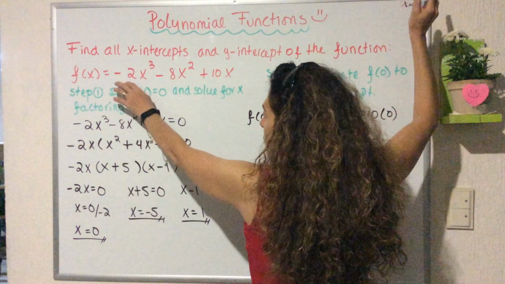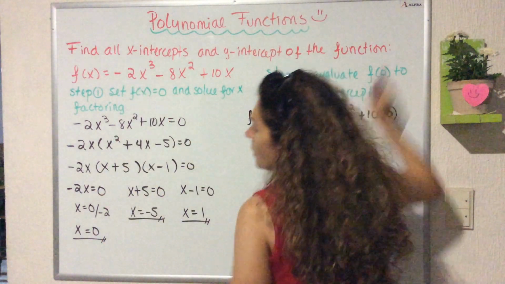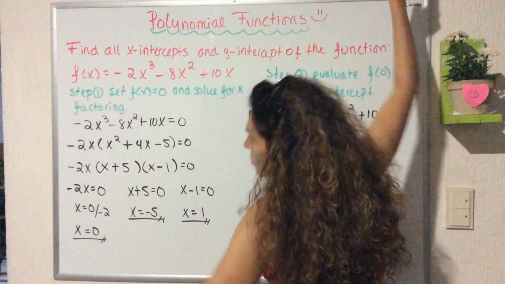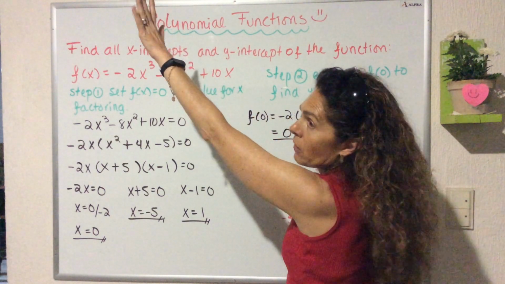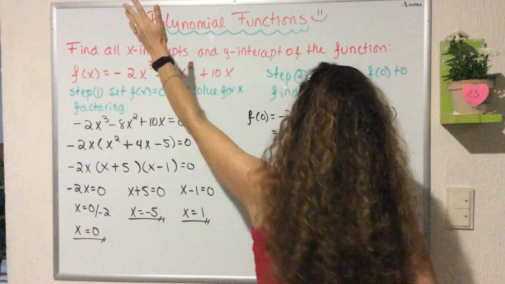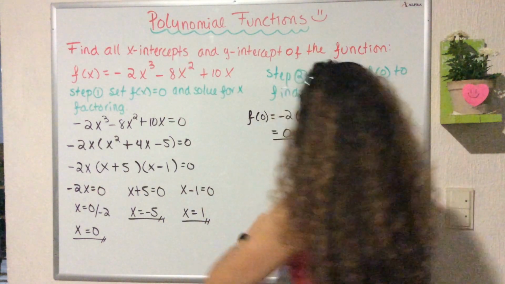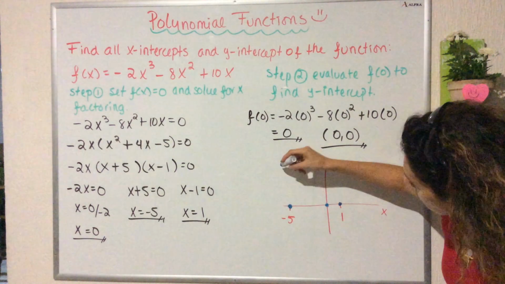But as this is negative, you're not going to have something like this. You are going to have the other way around. It rises to the left and it falls to the right. So it rises to the left, so it's coming from the left.